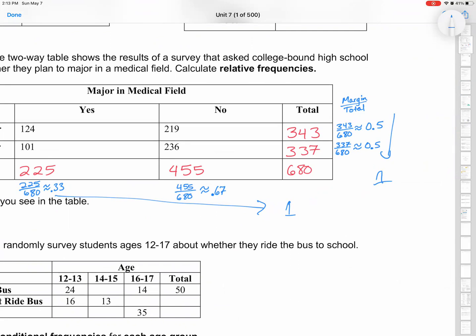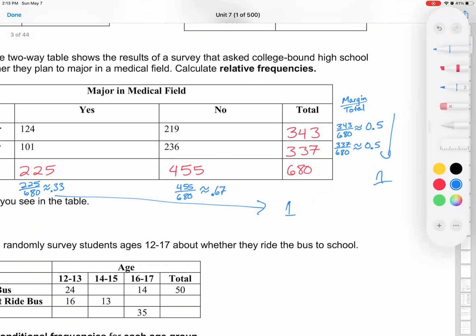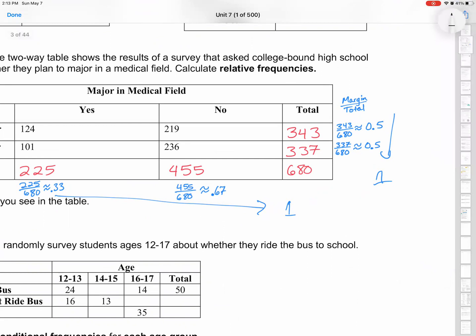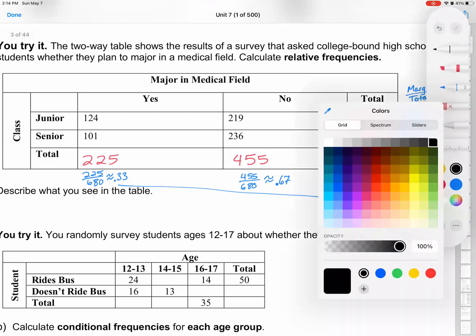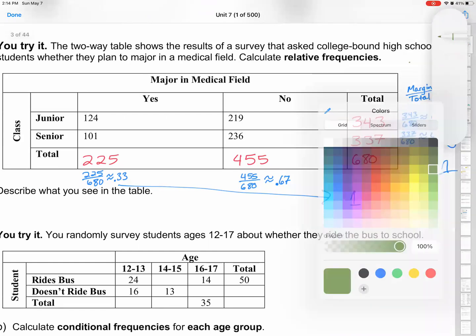Now we're going to talk about joint probability. Now, joint probability is where you have to factor in each individual item, like junior and medical field or junior not going in the medical field versus the total. So we'll go ahead and switch up colors. We'll go ahead and go with green.